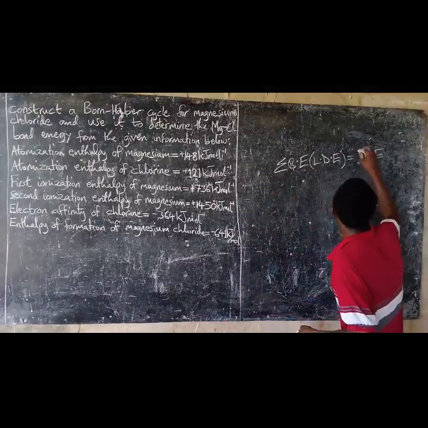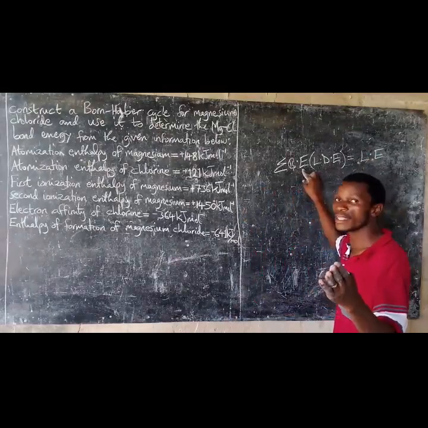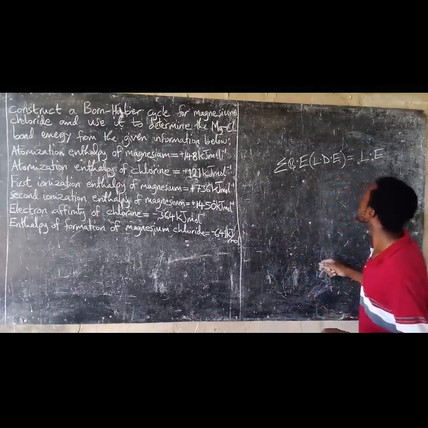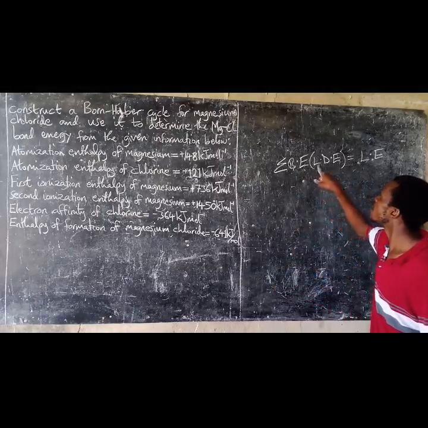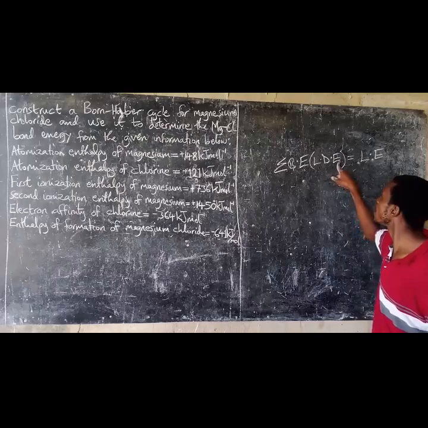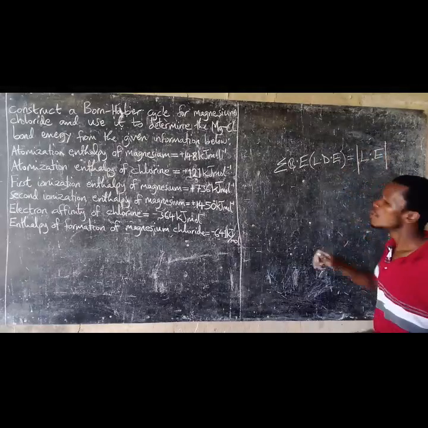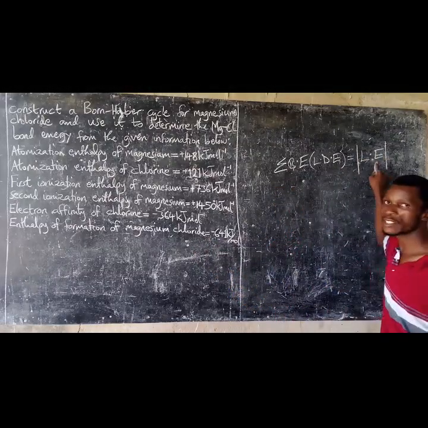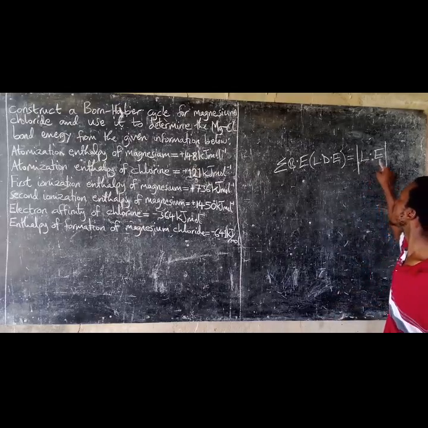But the sum of the bond energies is a positive value. So the sum of the bond energies, or lattice dissociation enthalpy, is equal to the absolute value of the lattice energy. Now we have to determine first the lattice energy.